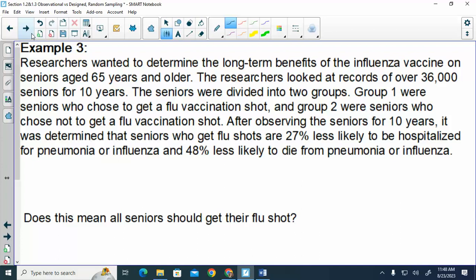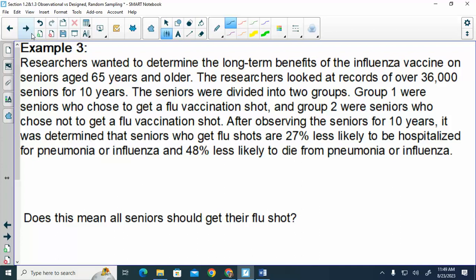Sure. What if the people that didn't get it were ones that already had severe illnesses and were advised by their doctors not to get the flu shot because it would compromise their immune system more? Or maybe the ones that got the flu shot, maybe those were people who go to the doctor on a regular basis. They're really health conscious.